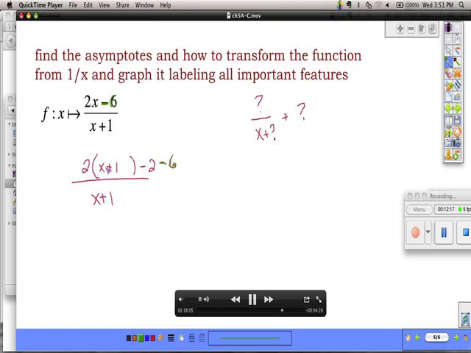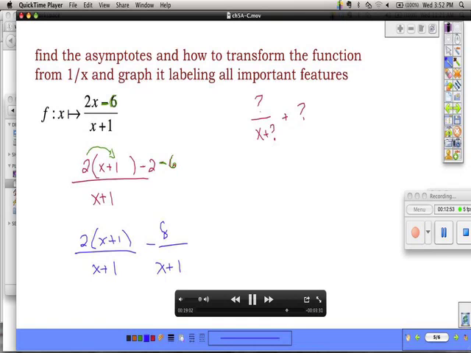So we take the first part of this. The x plus 1s are going to cancel if we were to split this into two fractions. We're taking this variable part, writing its own fraction, and then minus 8 over x plus 1.